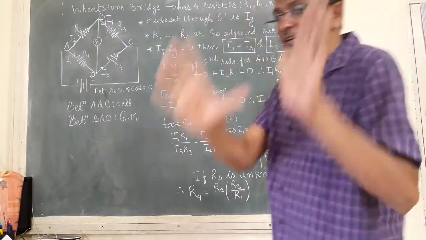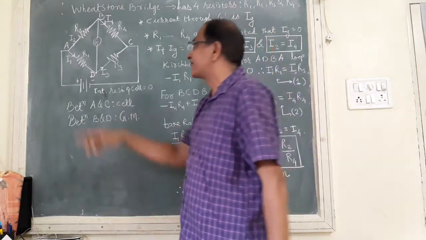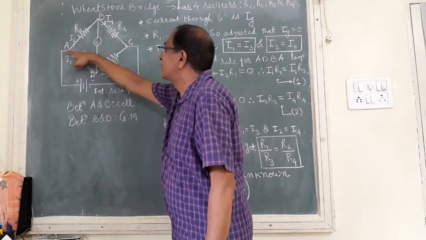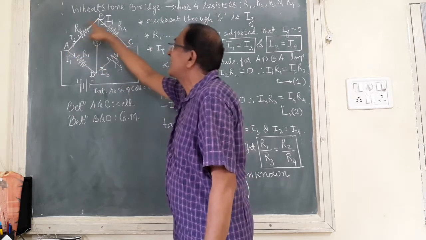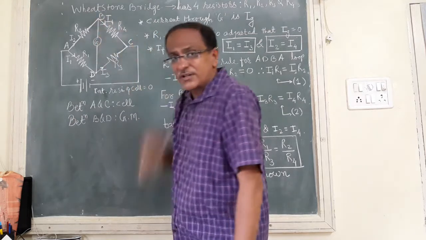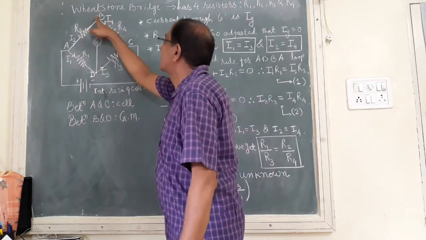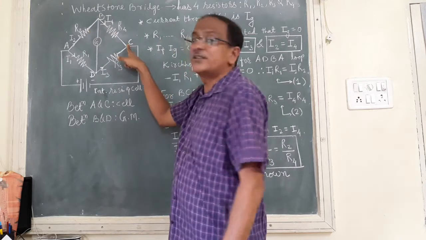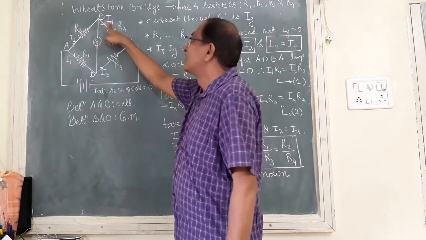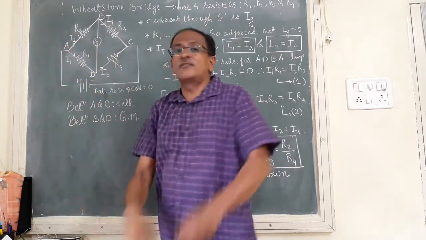Now try to understand, when Ig becomes 0, what happens? This I2 current which is flowing in the AB direction is not going through the galvanometer. So this I2 current will go to the branch BC. So the I4 current will have the same value as I2.